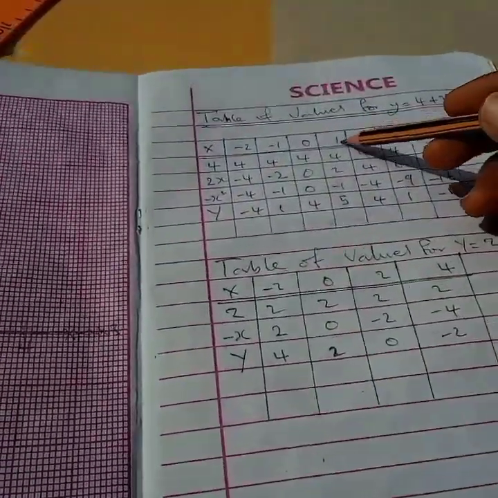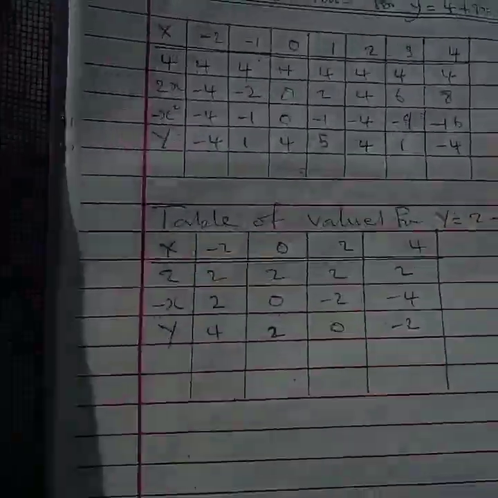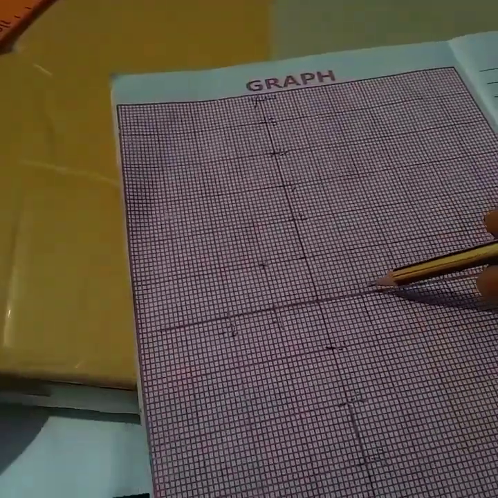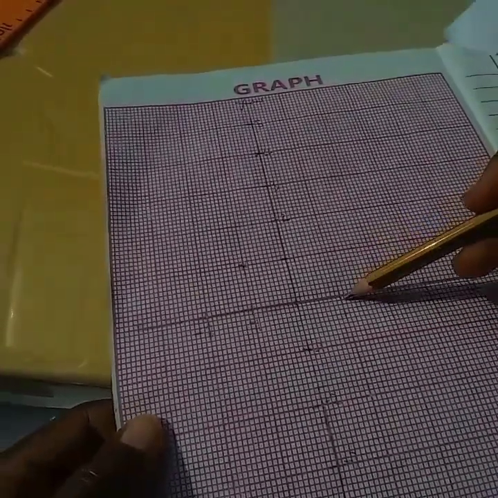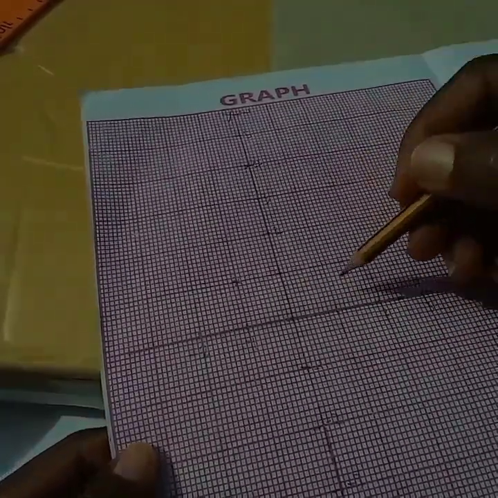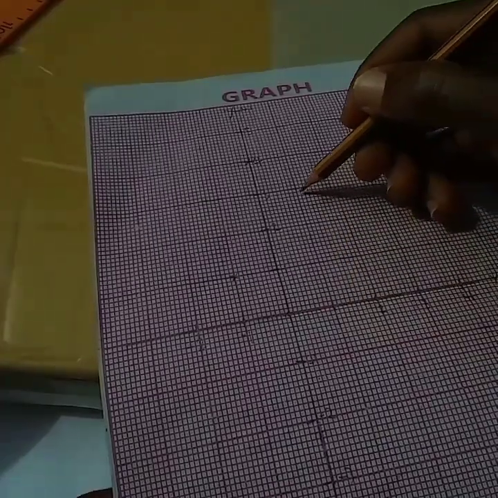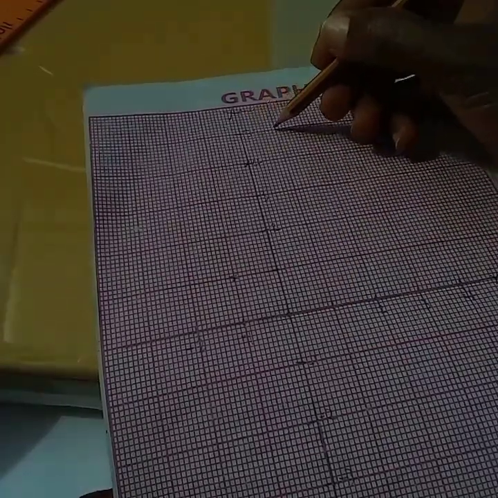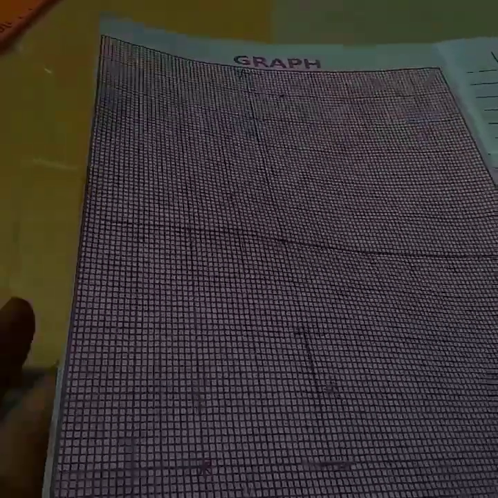So look at this. When x is 1, y is what? 5. So you come here, you check out this. When x is 1, y is 5. So you follow this line and go up and look at 5 here. You come here, see the point of intersection, you mark it. Okay, I hope you can see that clearly.